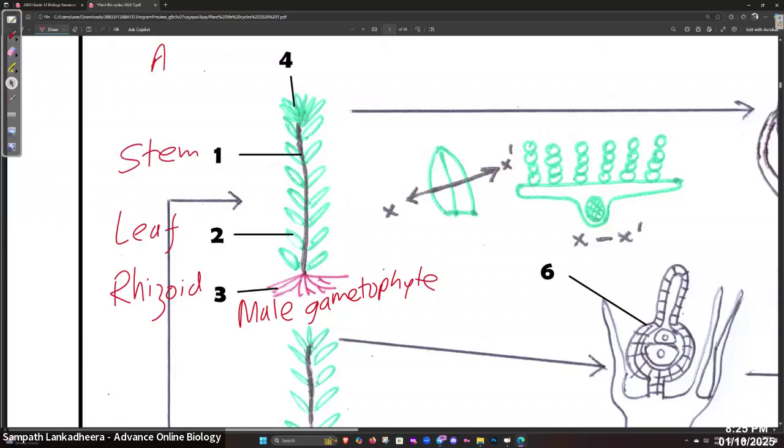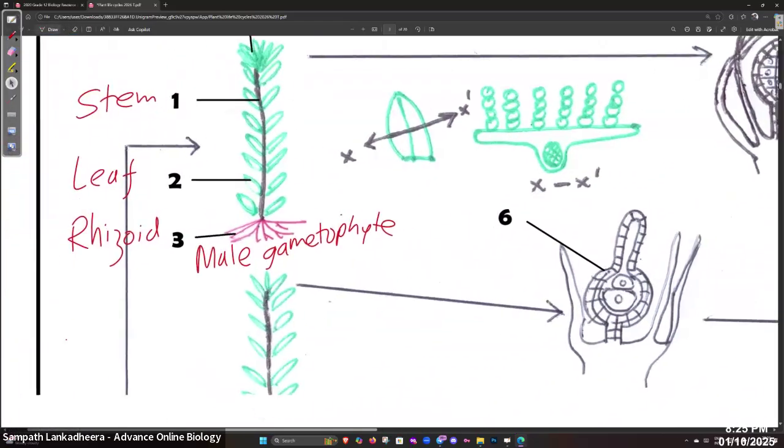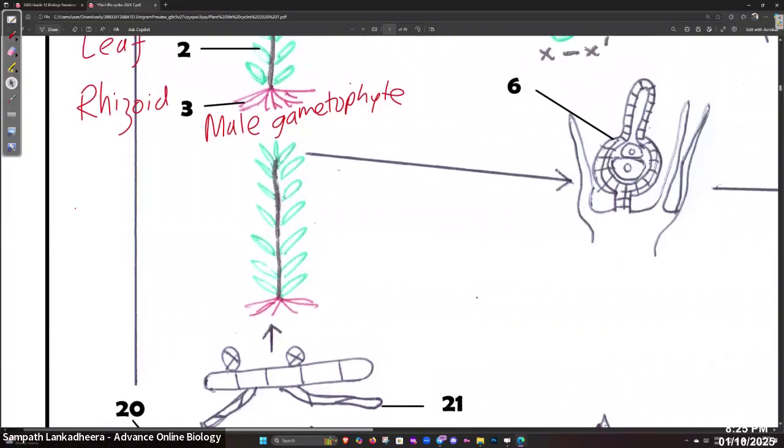Number 4 you can take as antheridia, or we learn 4 as perigonium, but we don't need that, we'll just skip it. The female plant is also the same.